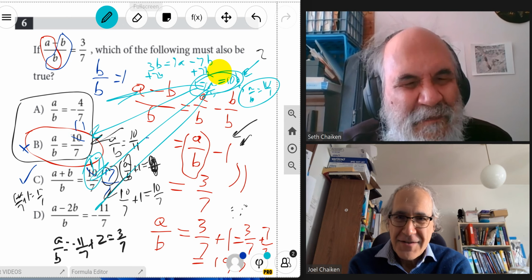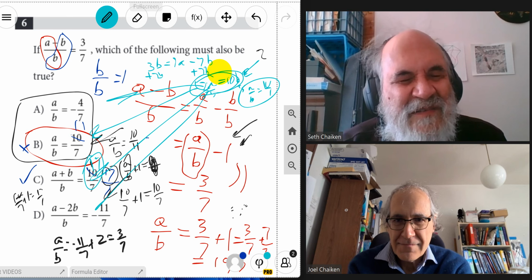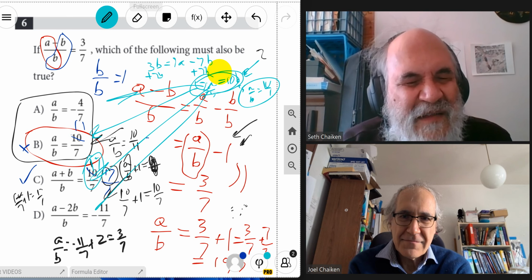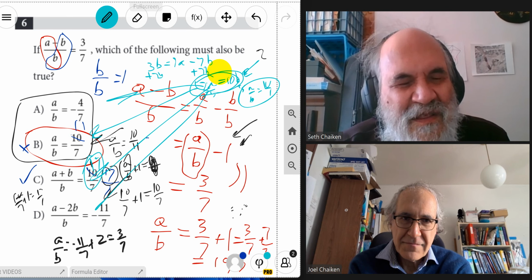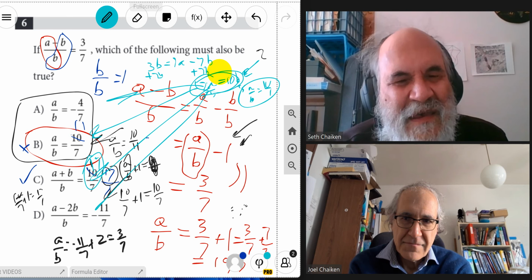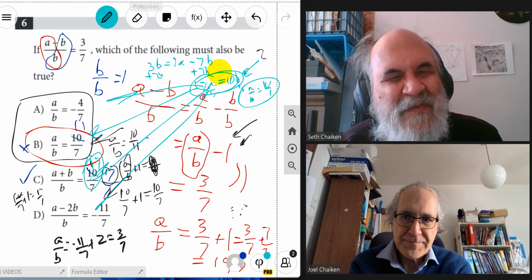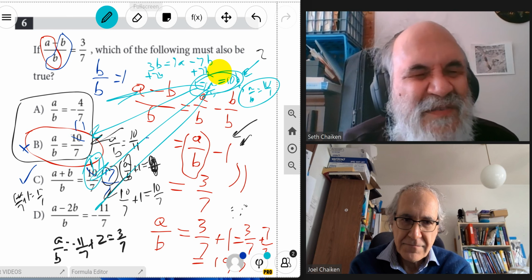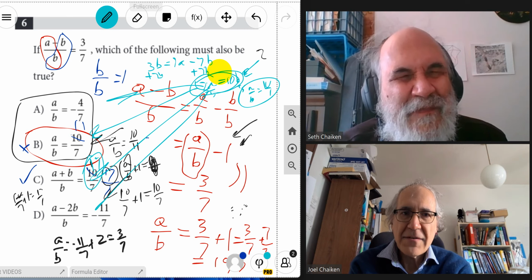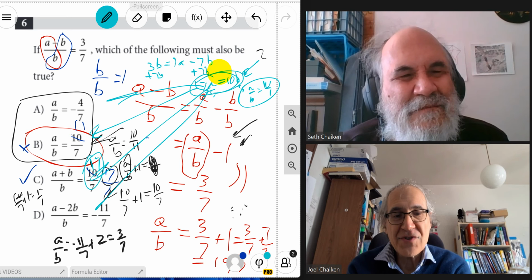Notice that the information does not determine the particular value for A. The actual value for A is undefined, and similarly for B. All that is known about A and B is that their ratio is 10 sevenths.